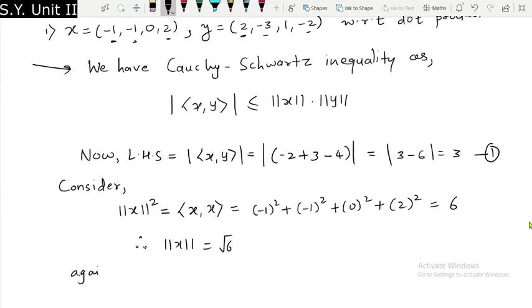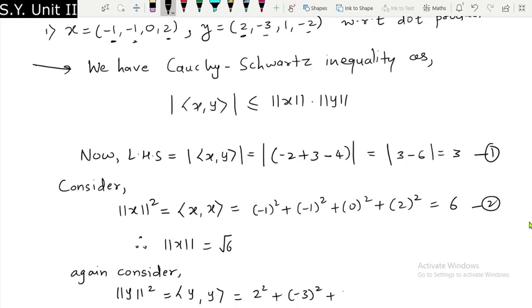Again, consider norm of y square, which is equal to inner product of y with y. I'll call it 2. So it will be 2 square plus minus 3 square plus 1 square plus minus 2 square.